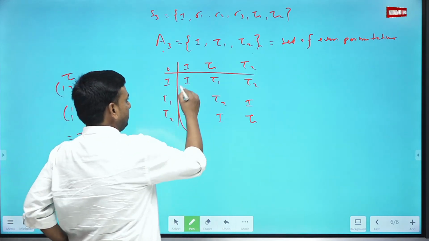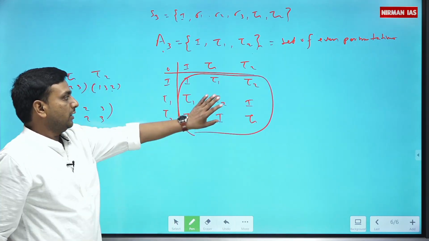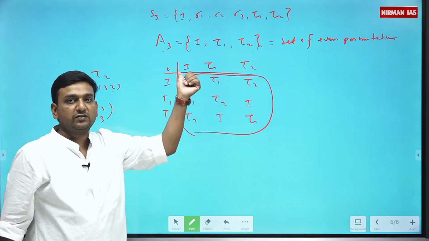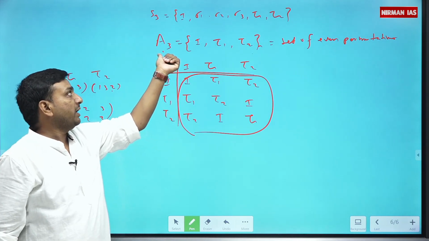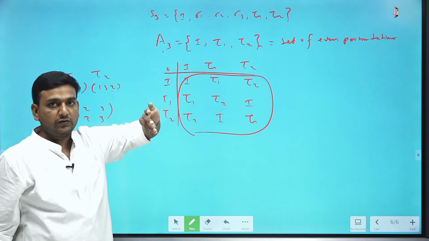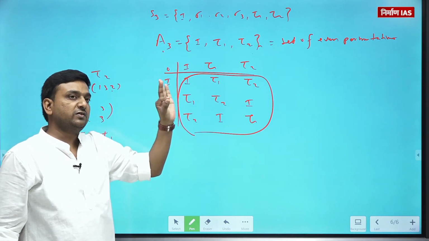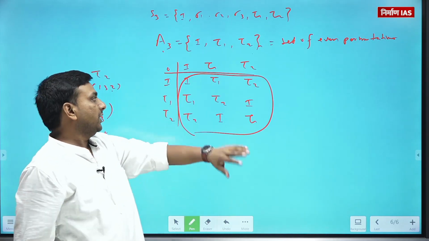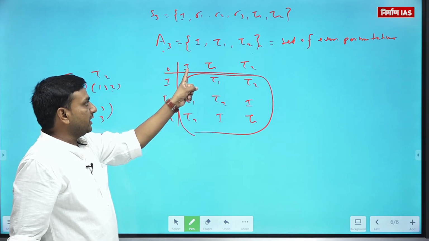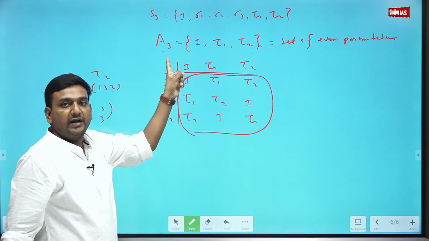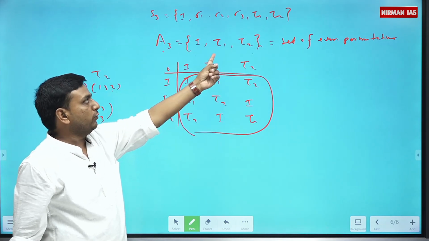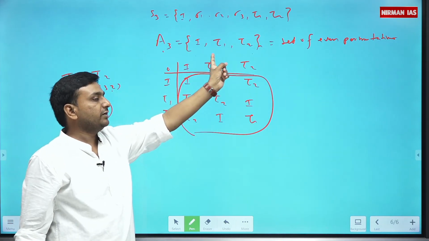So what this composition table says, each element is coming from A3 only. So this composition is a binary operation on A3, or closure. Composition of functions follows associativity. So the associativity axiom is followed. Identity, here I will work as the identity element of A3. Inverse: I ka inverse I, tau 1 ka inverse tau 2, and tau 2 ka inverse tau 1.